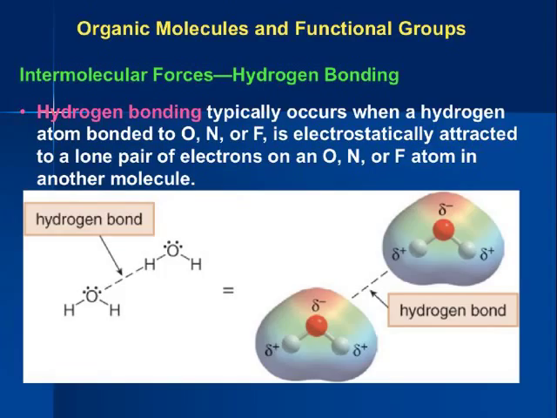Hydrogen bonding is responsible for life. Because if you look at just the molecular weight of water at the temperature that the Earth is, water should be a gas. But it's not. It's liquid, and we need liquid water for life to exist, right?